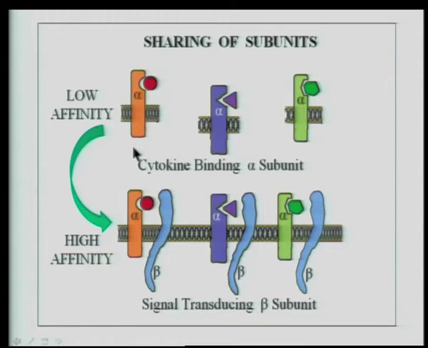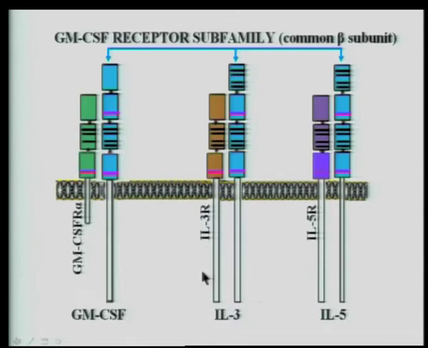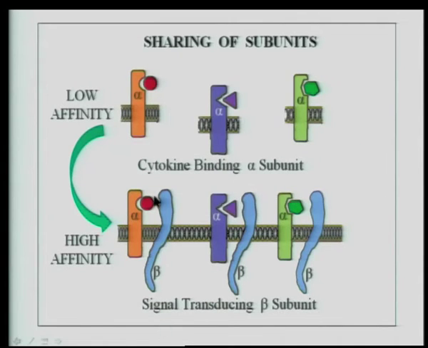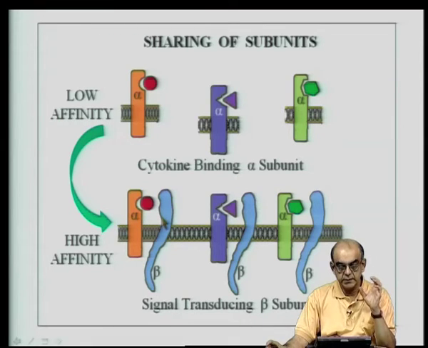Once this binding occurs, there is another subunit called the beta subunit, which has a longer intracytoplasmic tail, meant for transducing the signaling events upon binding to its appropriate cytokine ligand. So, there are 2 subunits, and these 2 subunits bind to each other.